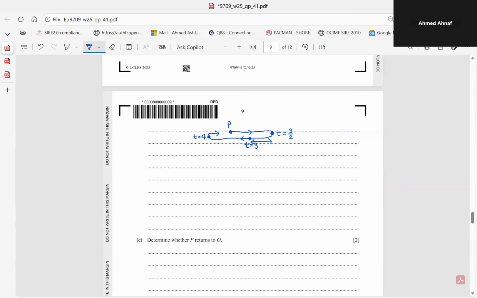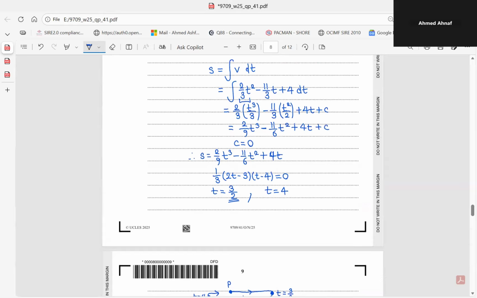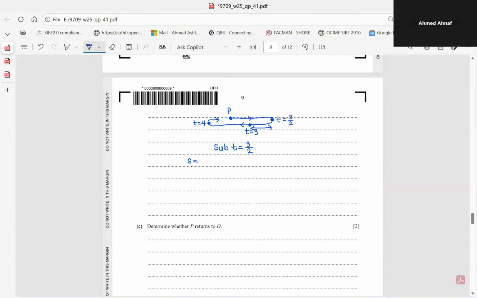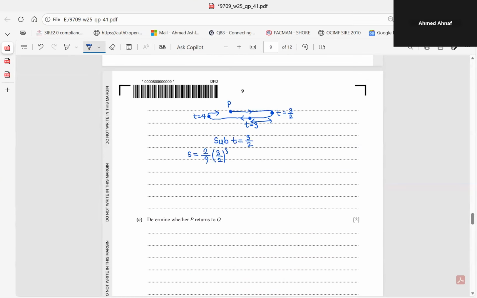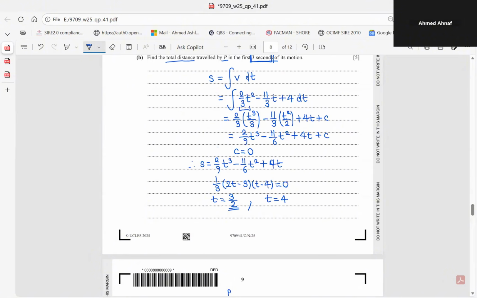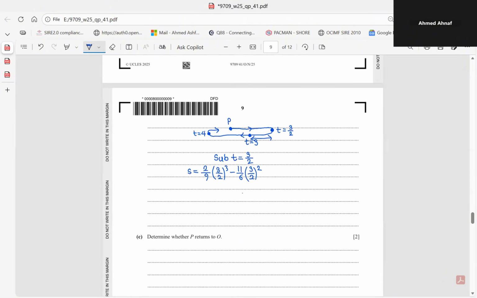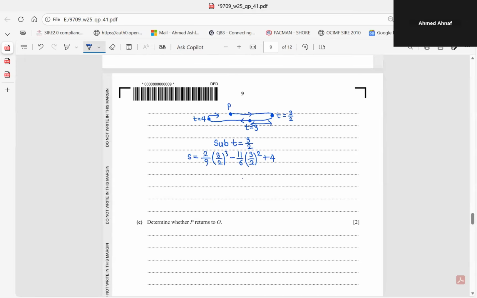Okay, so we're going to sub t equals 3/2. So S is going to be 2/9 t cubed, 3/2 cubed, minus 11/6 t squared times 3/2 squared, plus 4t, plus 4 times 3/2.